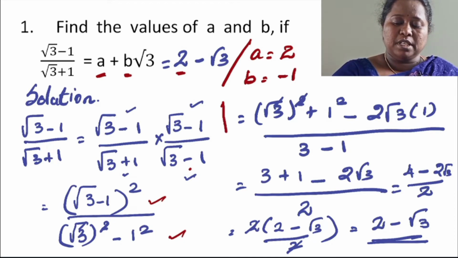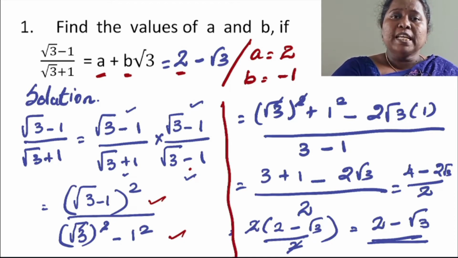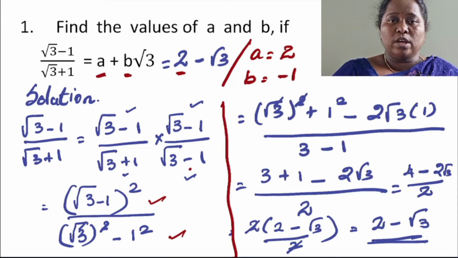This can be expressed using the form x minus y the whole squared is equal to x squared plus y squared minus 2xy. So, x squared is root 3 the whole squared plus, instead of y squared, 1 squared, minus 2 into root 3 into 1. In the denominator root 3 squared minus 1 squared.